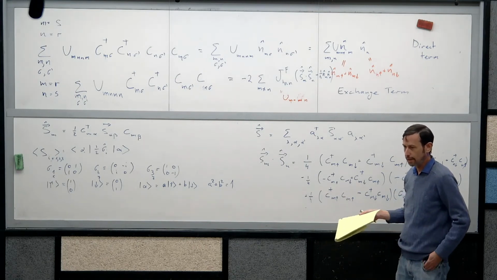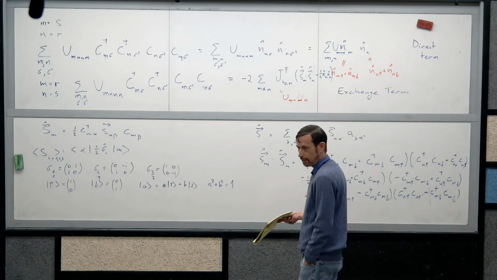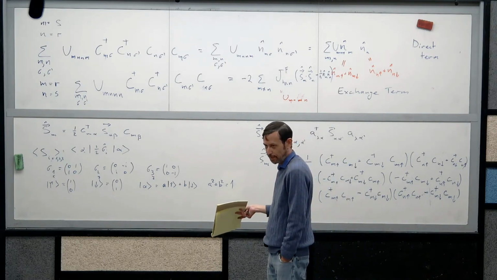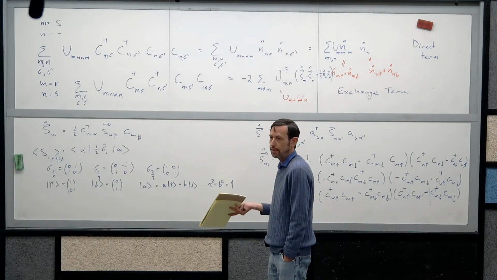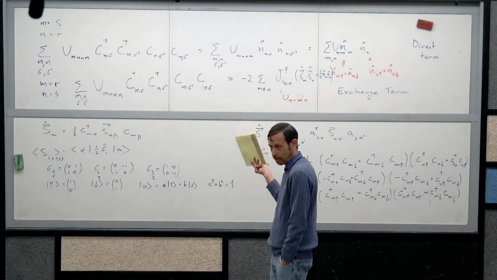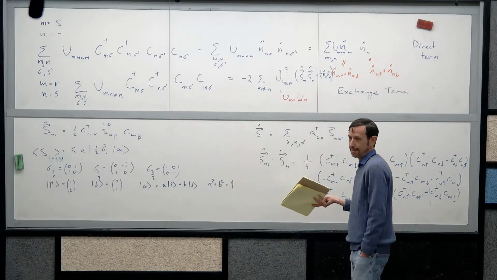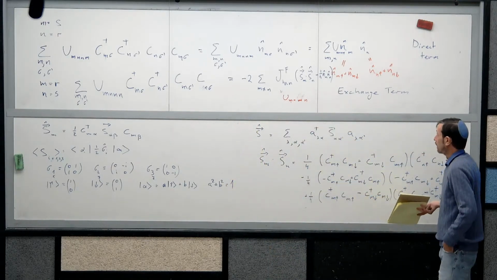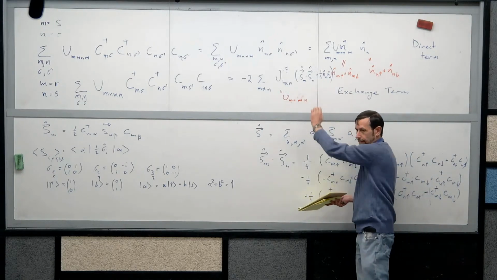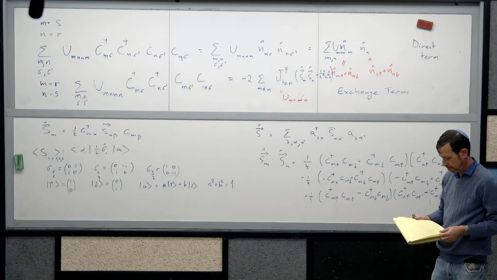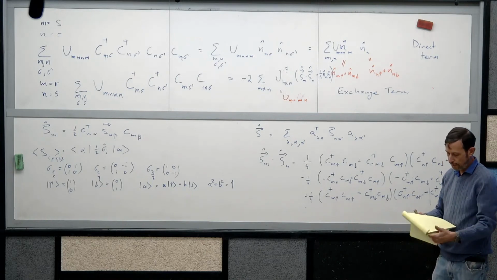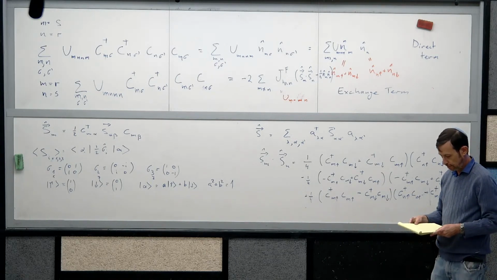Important if you want to calculate a specific value, not very important in the sense that it doesn't give a different structure to this interaction. It just corrects the prefactors. This is already interesting because it gives you some physical behaviors that you weren't aware of previously.